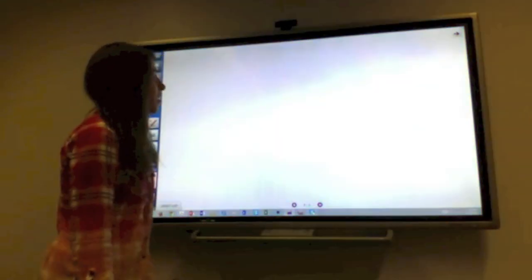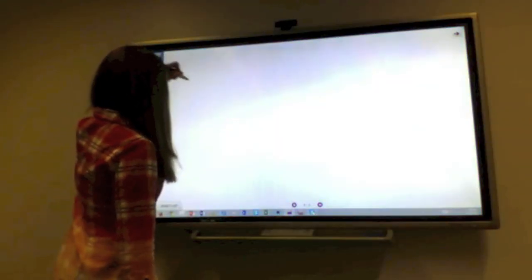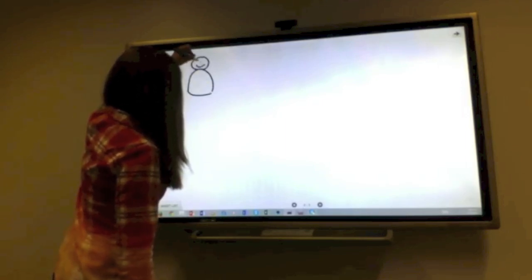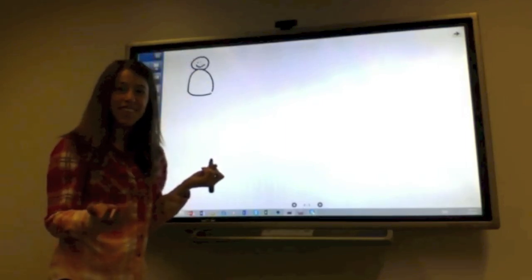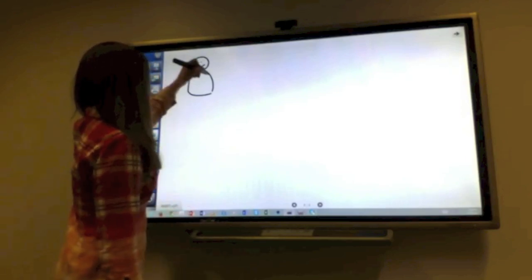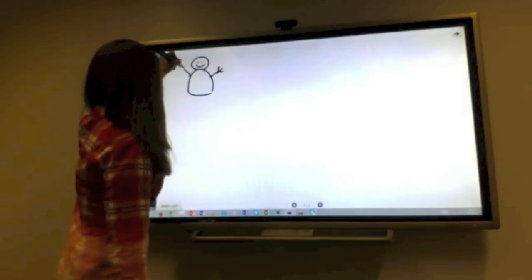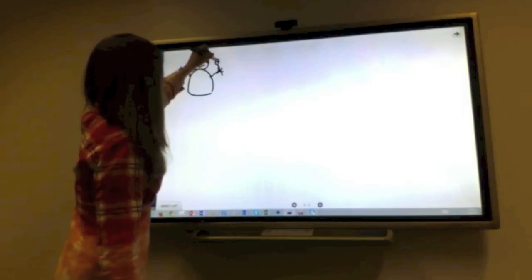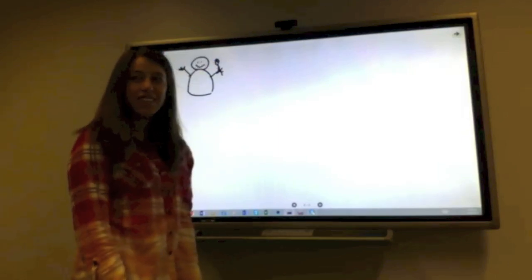The first thing that I want to go over is you. This is you. As you can see, this is a very simple drawing of a person that kind of looks like a snowman. Basically, you don't need to be an artist to sketch. Sketching is not illustration.